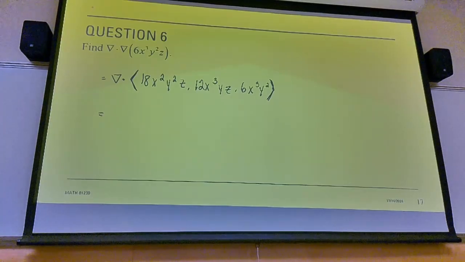Could you explain how you figured out that that's the vector field? It's the gradient. You're just taking the partial x, comma, partial y, comma, partial z, if it's three variable.